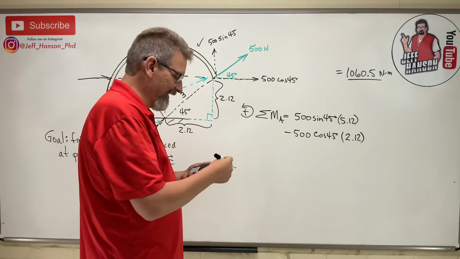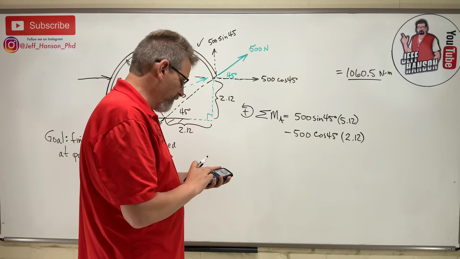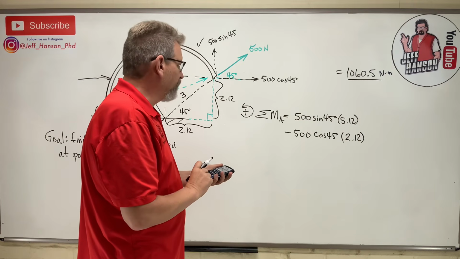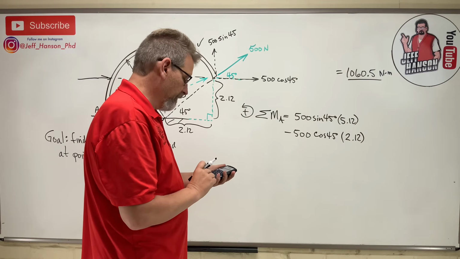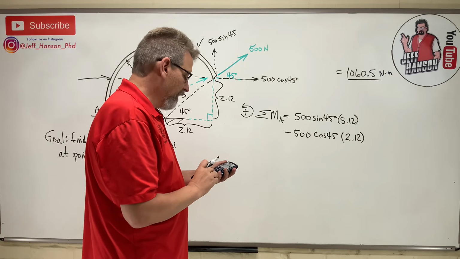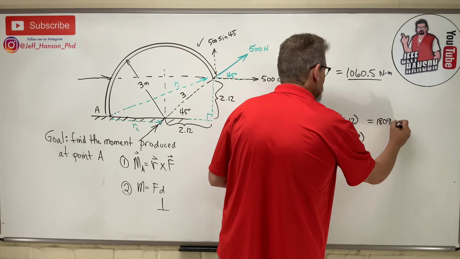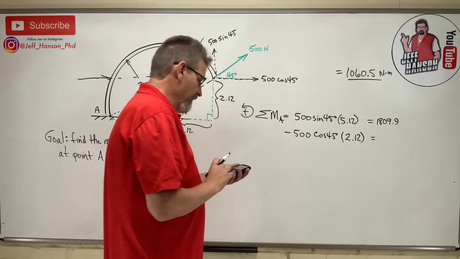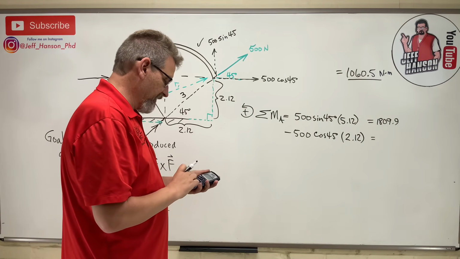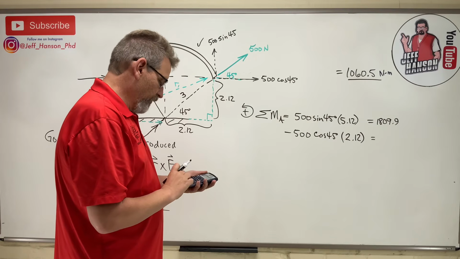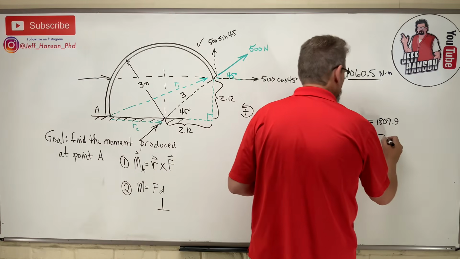I'm so excited. 500 times 0.707 equals 353.5, times 5.12 equals 1809.9. This up here, 1809.9. This down here is 500 times 0.707 times 2.12 equals 749.4.